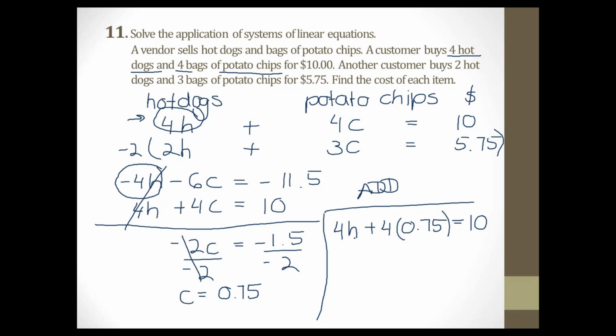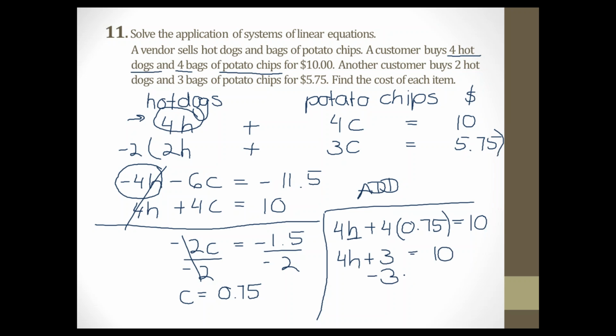So now solving for H, I am getting 4H, and 4 times 0.75 is just 3, equal to 10.